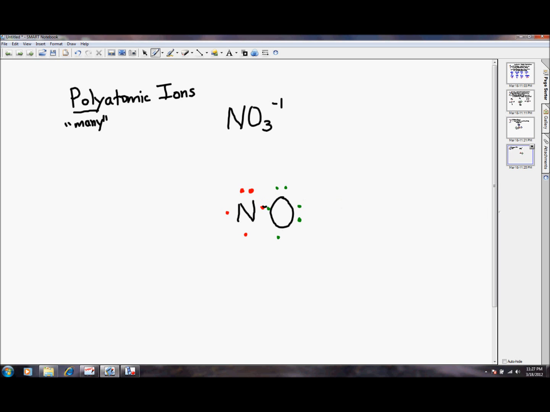So that O will make a double bond with N, and I know the O can steal a pair, and here's a pair right here on this nitrogen. So let's make the second O steal this pair off of the nitrogen. I'm going to draw oxygen's Lewis dot symbol in pair stealing mode.